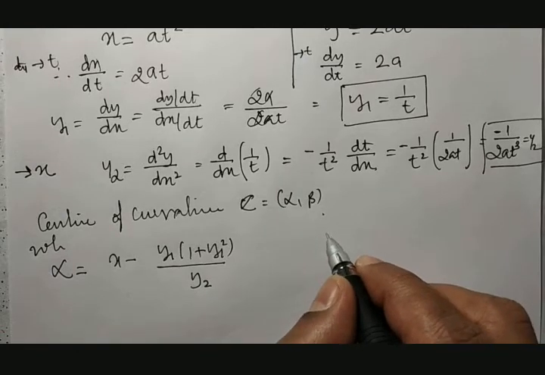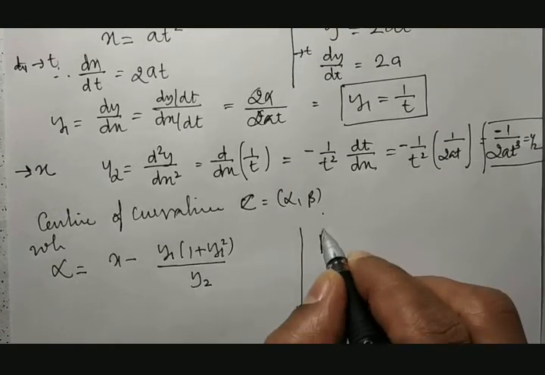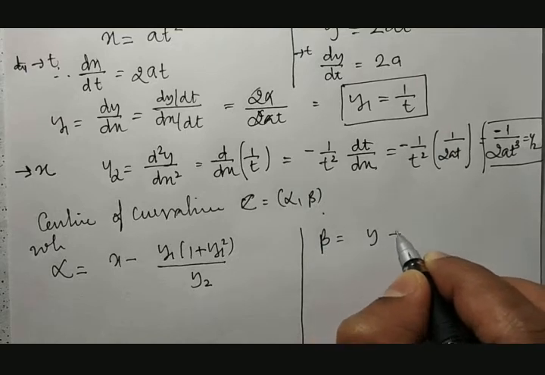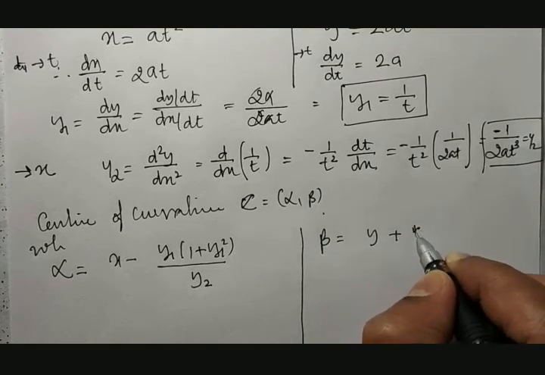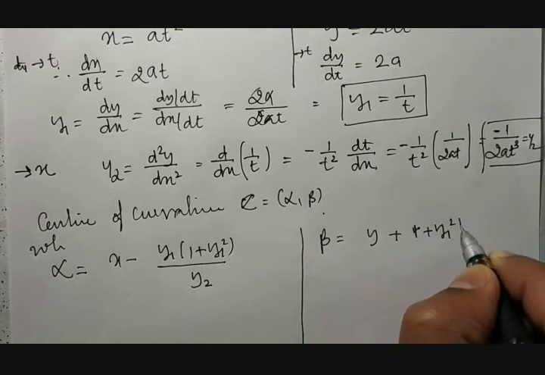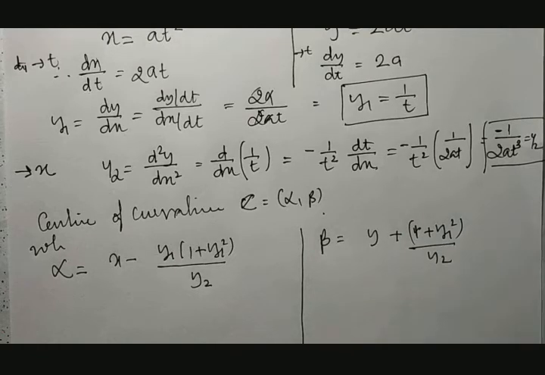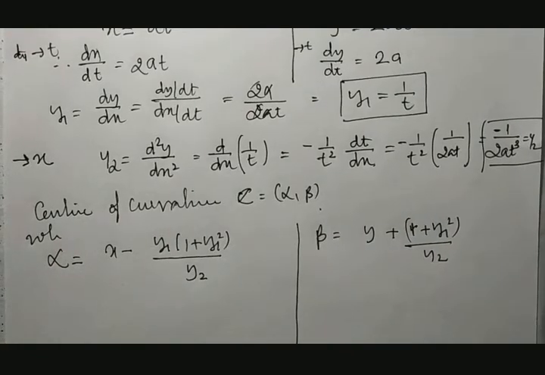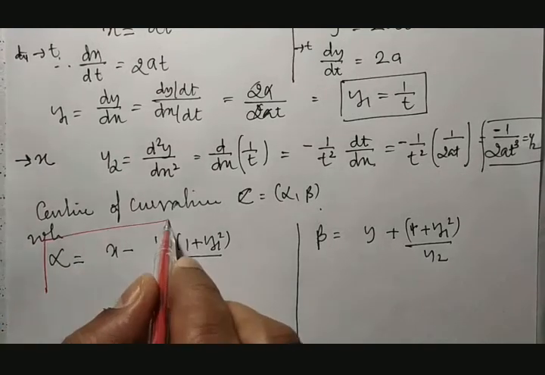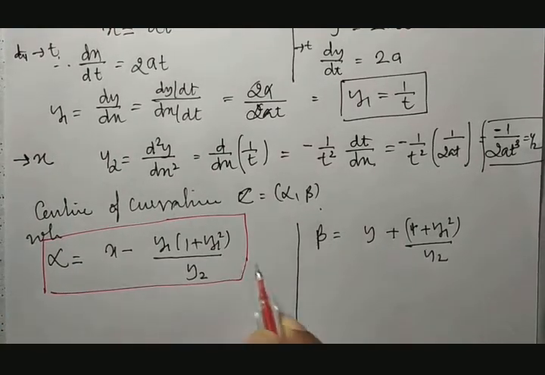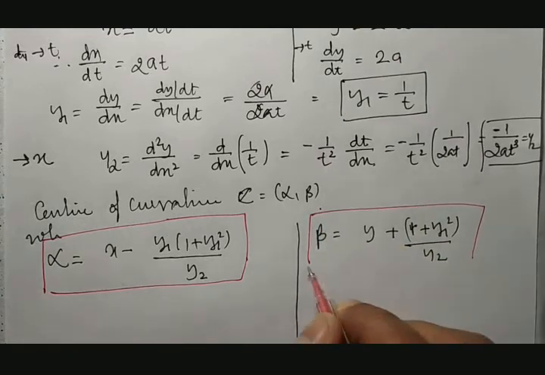Similarly, beta is equal to y plus 1 plus y1 square divided by y2. These are the formulas to obtain alpha and beta. So substitute the values in this case to get specific results.